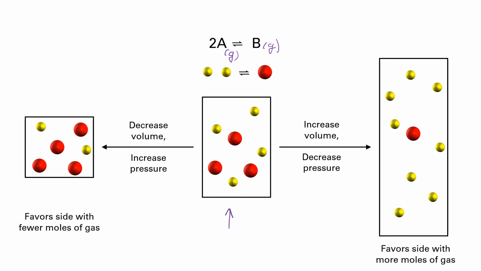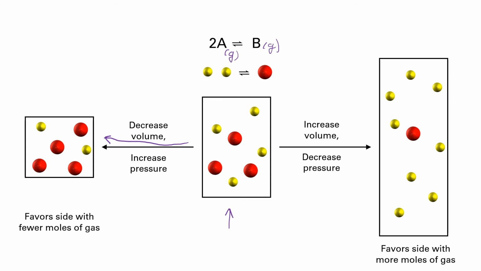Now, if we take this composition where we have 3 reds and 4 yellows, and we decrease the volume, which is what happens when we move over here to the left, by decreasing the volume, that's going to increase the pressure, because pressure and volume are inversely proportional to one another, and that's going to cause this equilibrium to shift to the side that has fewer moles of gas.